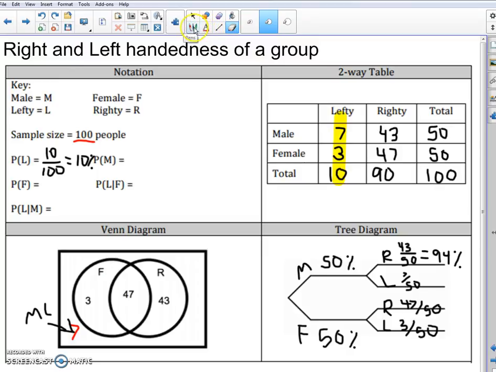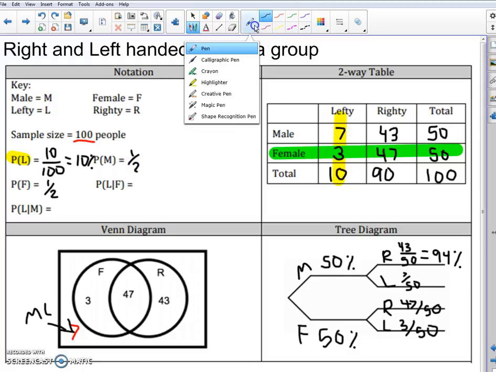Might get a little messy here, but probability of female, that's this one. There's 50 out of 100 females. So we can just say 50 out of 100, or 50%, or 1/2. I'm going to write the reduced version. Probability of males, you can see that's going to be these guys, which is the same as females in this case. So again, I'm just going to write 1/2.